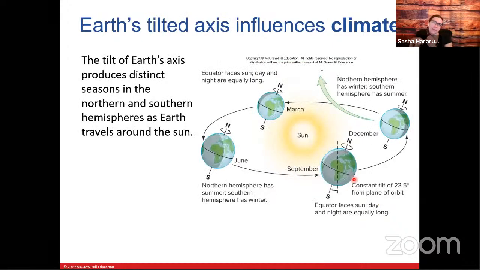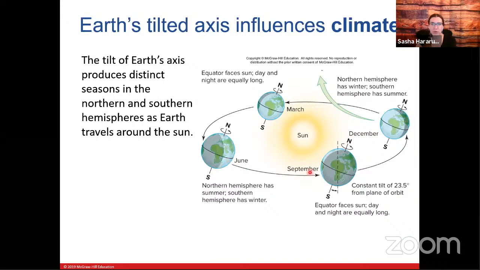And a second thing that influences Earth's climate is the way that the Earth travels around the sun and Earth's tilt compared to a 90-degree angle. So the Earth is tilted at 23.5 degrees from a vertical axis. And because of this tilt, we have the seasons in the Northern Hemisphere and the Southern Hemisphere.